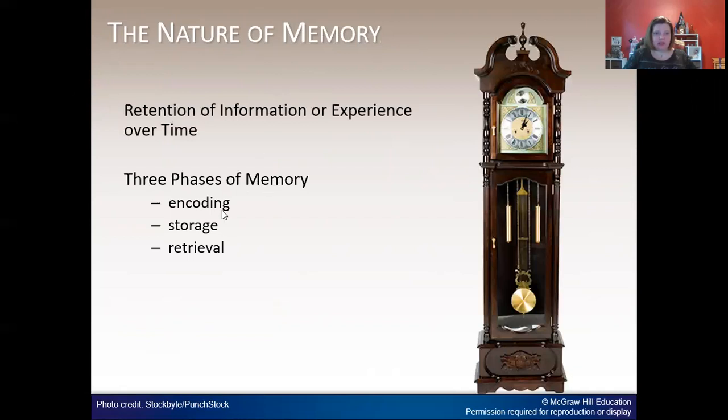Encoding is basically just looking at the information and deciding where you want to put it, if you want to put it anywhere. Storage is how long it's stored and what you can do to prolong that storage. And then the retrieval process is how you choose to remember information.